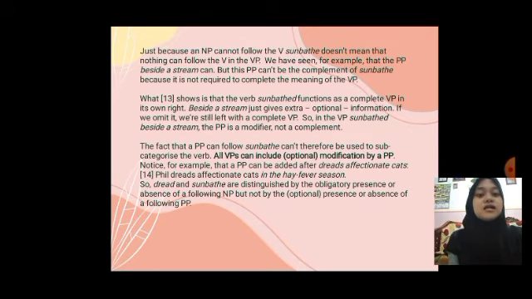The fact that a prepositional phrase can follow but isn't required therefore means it can't be used to subcategorize the verbs. All verb phrases can include optional modification by a prepositional phrase. Notice, for example, that a prepositional phrase can be added after treats affectionate cats: Bill treats affectionate cats in the high fever season.